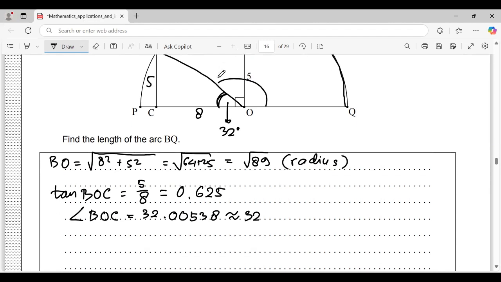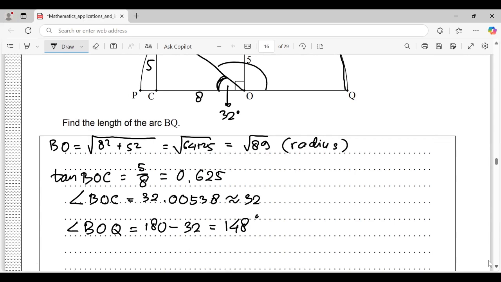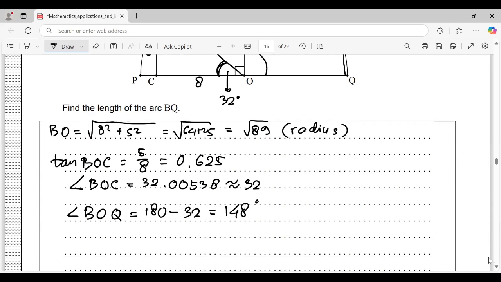So we can determine this angle BOQ. This one, angle BOQ, is 180 minus 32, 148 degrees. So we can calculate the circumference first before the arc length.